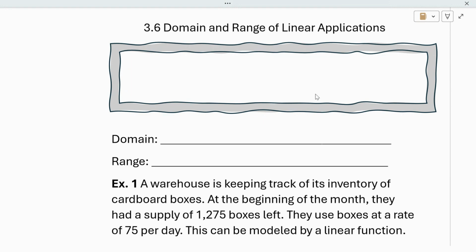I'll read it again. I can identify an appropriate domain and range for a linear function in context, and I can predict the values based on a linear scenario.